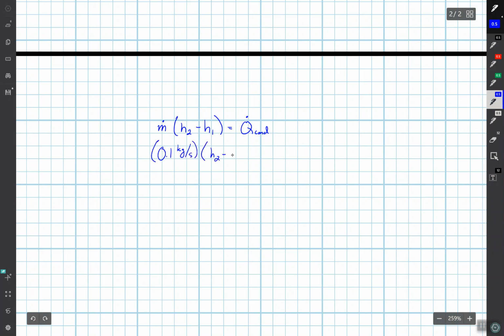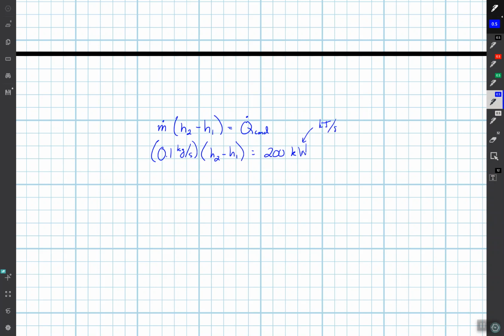This is H2 minus H1. And that equals Q of our condenser, which was 200 kilowatts. So we can divide both sides, right? This is also kilojoules per second.